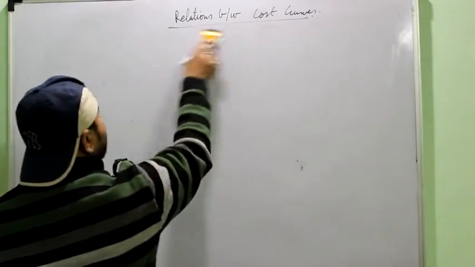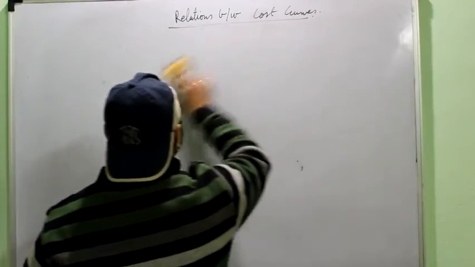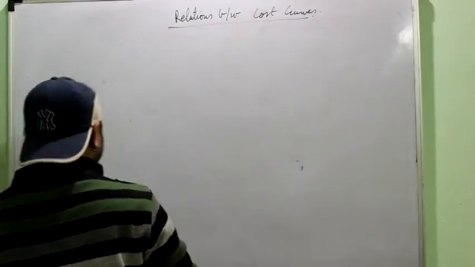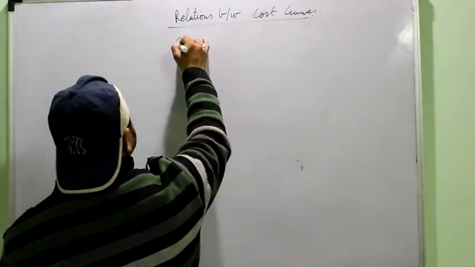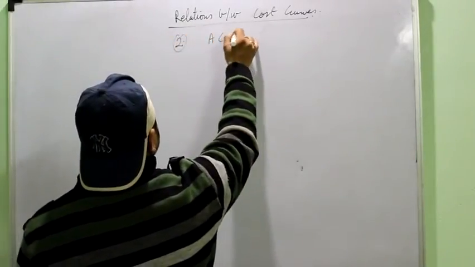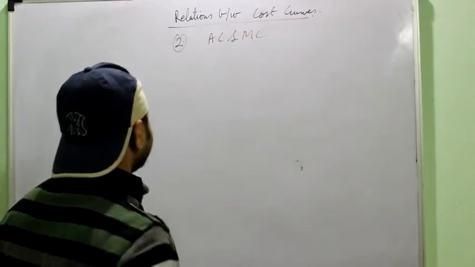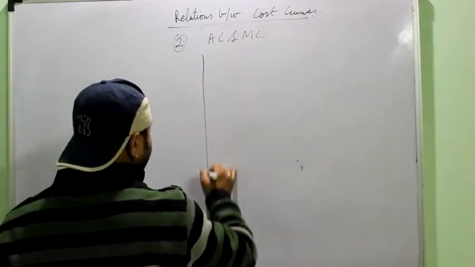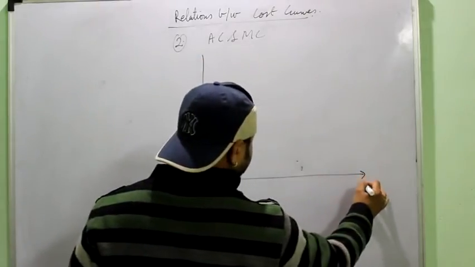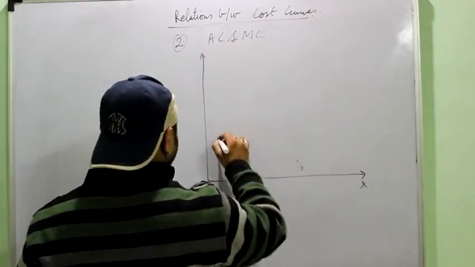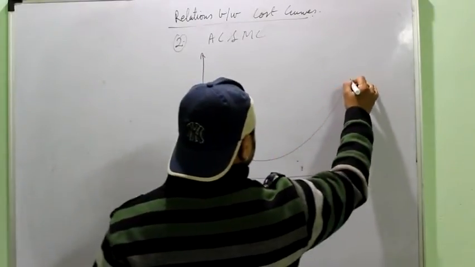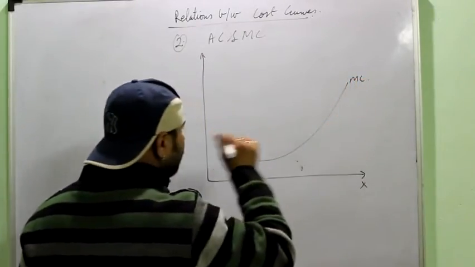Next we have to study the relation between AC and MC. First you draw your MC curve, that would be U-shaped.